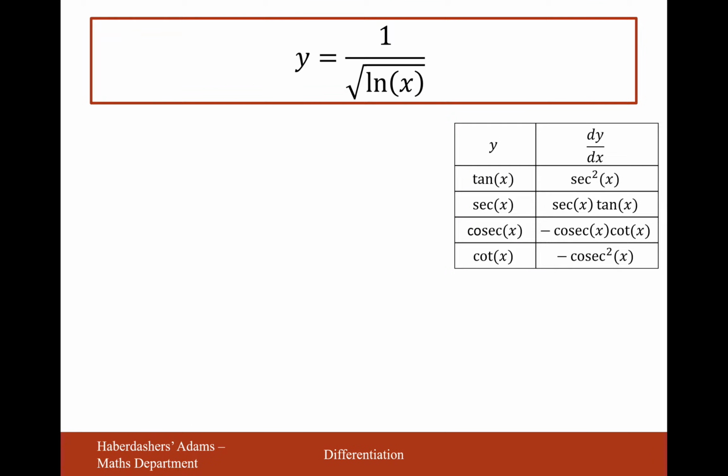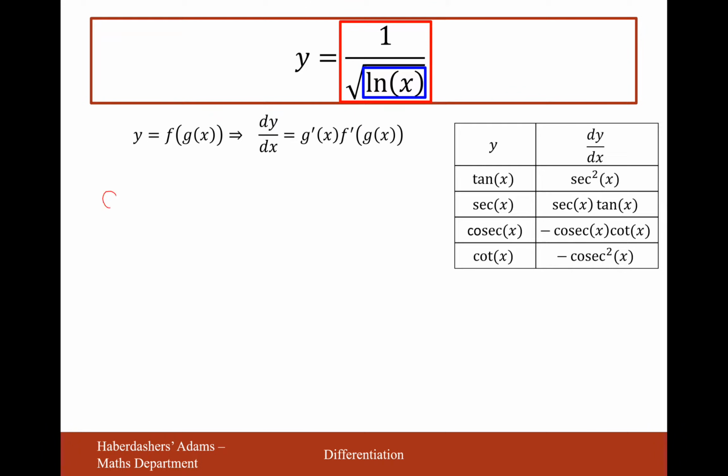Next one, 1 over the square root of ln x. So in this case here, again, it's the chain rule. Inside function being ln, outside function being a power of minus half. So let's get started on this differentiation. Inside function first, ln differentiates to 1 over x. Outside function, now the outside function is actually x to the minus half.